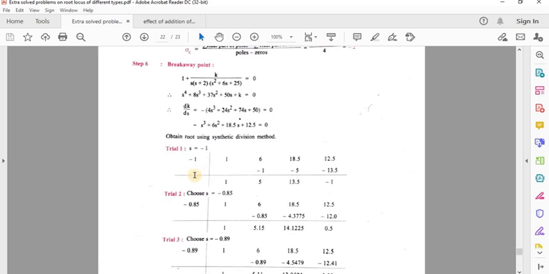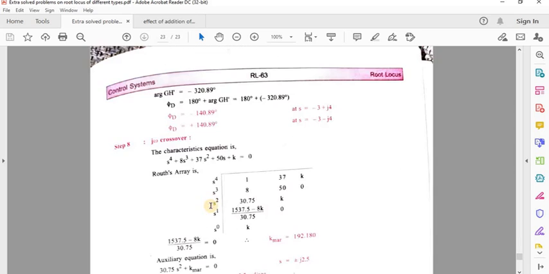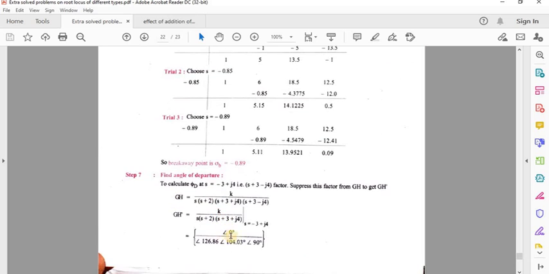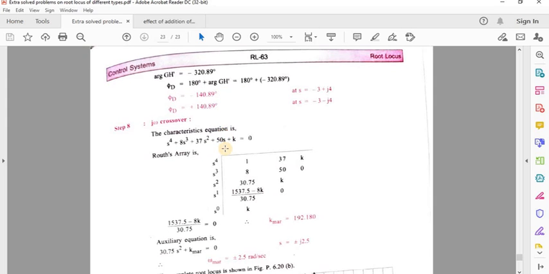Choose the value close to 0. So the breakaway point is minus 0.89. The angle of departure you can directly find out: for the first pole minus 140, for the second pole plus 140.